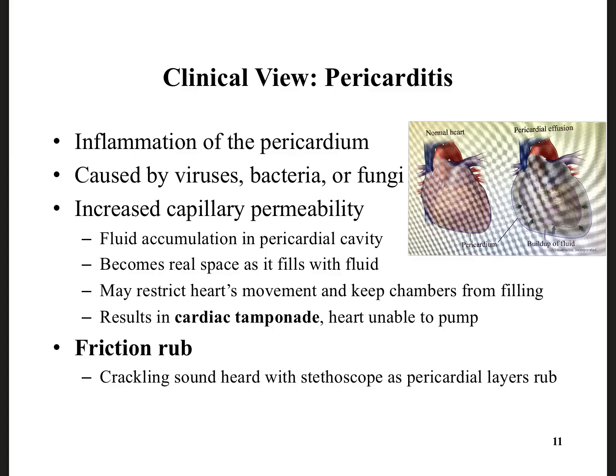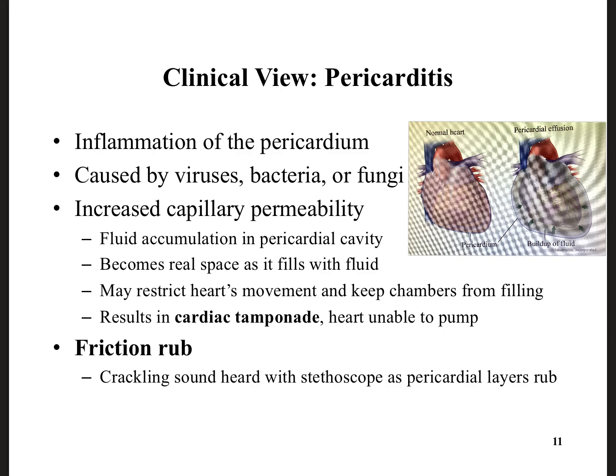All right, you have bacteria or even fungi, right, that can cause infections, can cause pericarditis. So inflammation of the pericardium leads to increased fluid, and then that puts pressure on the heart, okay? This leads to increased capillary permeability.